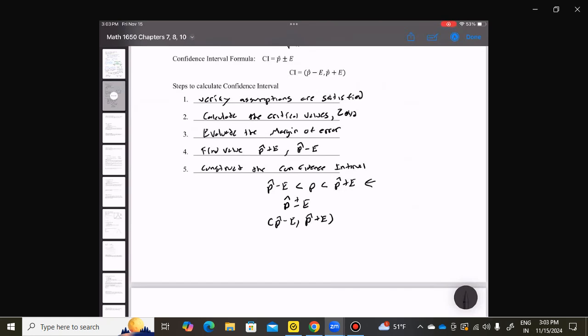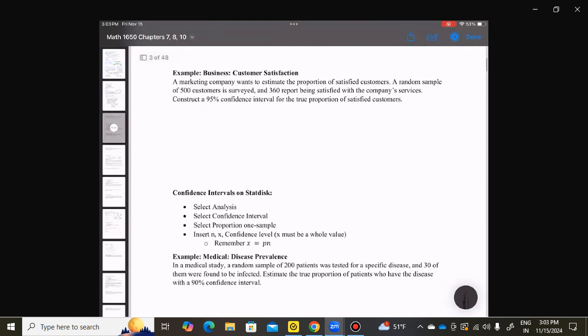So let's get into an example here. A marketing company wants to estimate the proportion of satisfied customers. A random sample of 500 customers is surveyed, and 360 report being satisfied with the company's service. Construct a 95% interval for the true proportion of satisfied customers. So 360 out of 500 customers were satisfied. That is 72%.